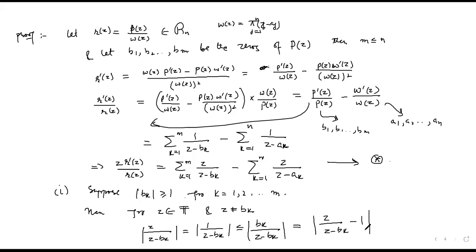Of course, taking this here, right. So I get the modulus of something is less than or equal to the modulus of the same thing minus 1. So by Lemma 1, which was obvious anyway, Lemma 1 says that then the real part of z by z minus bk is less than or equal to 1 by 2.